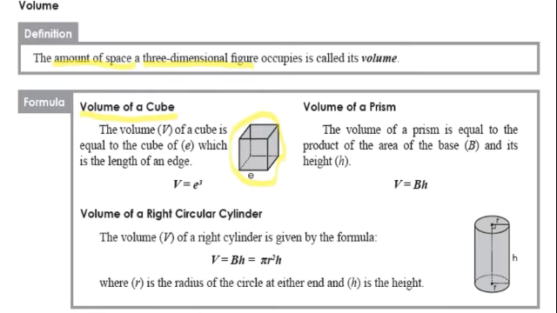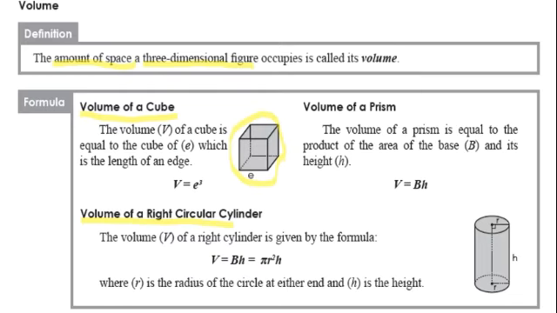Okay, next is the volume of a right circular cylinder. The volume V of a right cylinder is given by the formula: base times height equals pi r squared h, where r is the radius of the circle at either end and h is the height.